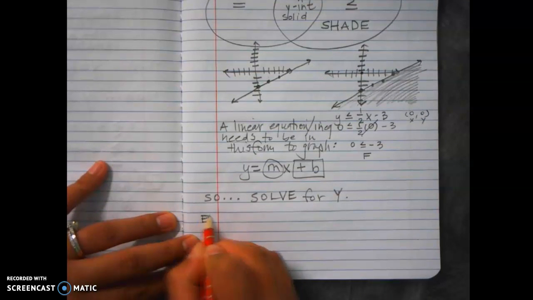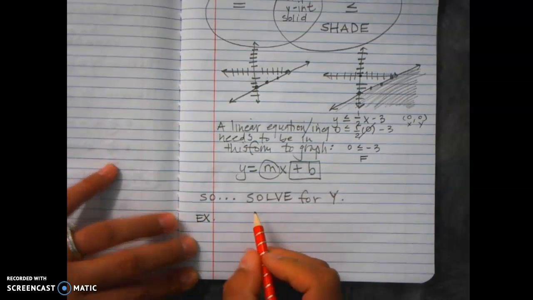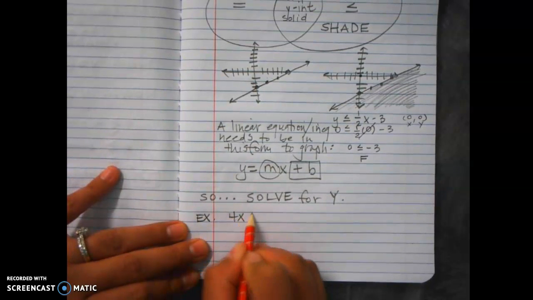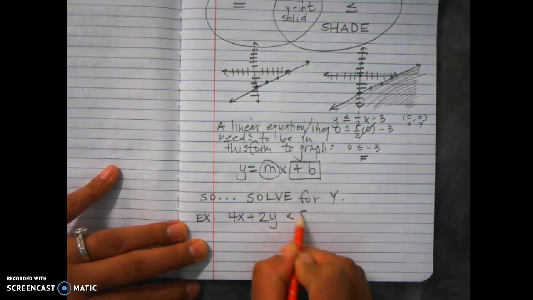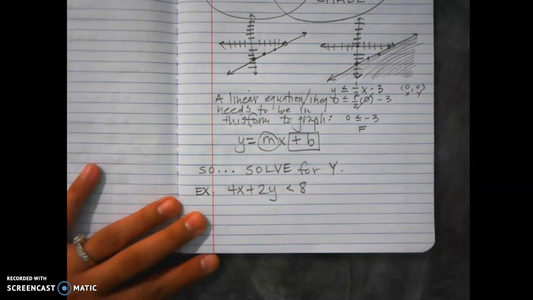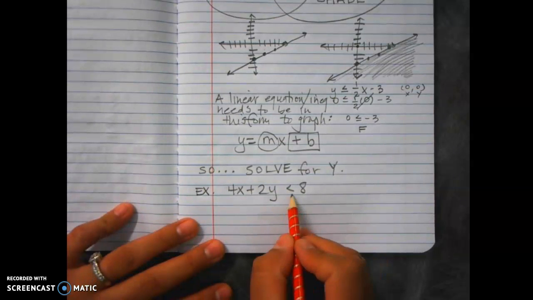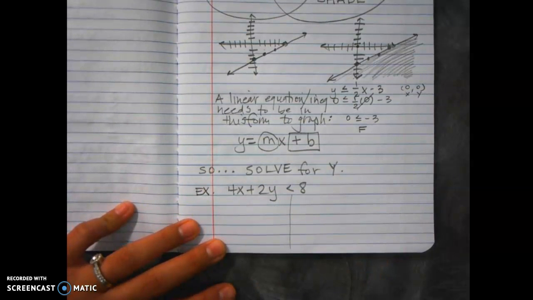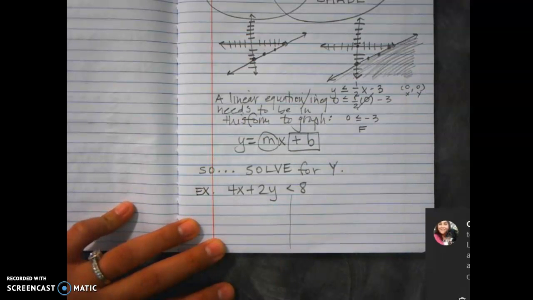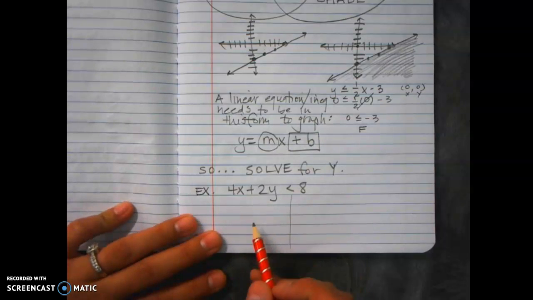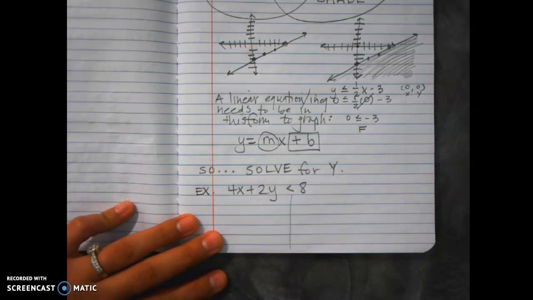So our first example, we're going to say 4x + 2y < 8. If you remember from before when we were solving, we only had one variable. This time we have 2, but we still do the same process, okay? So I like to say move x, divide by the number with y. So I like to say move and divide.